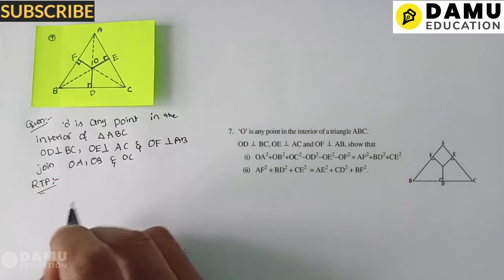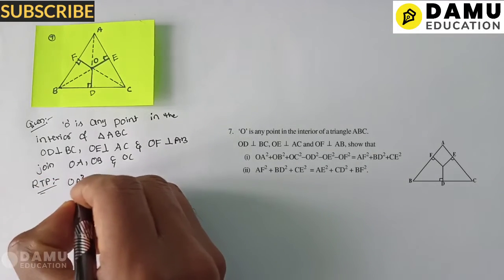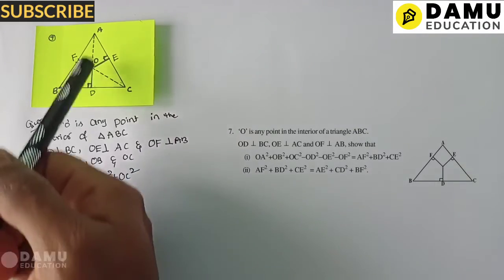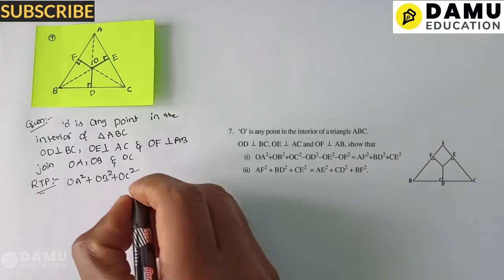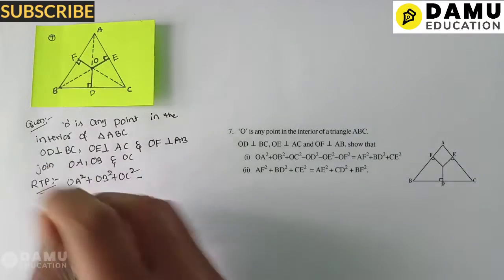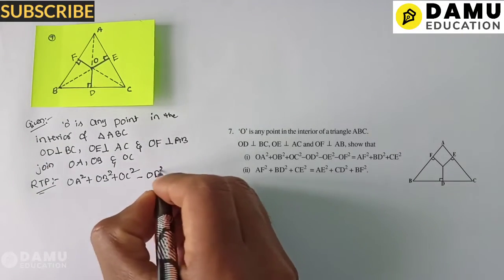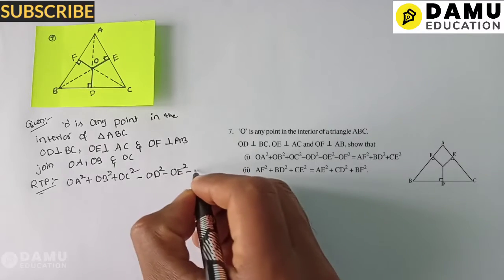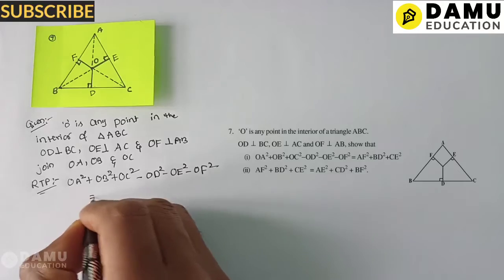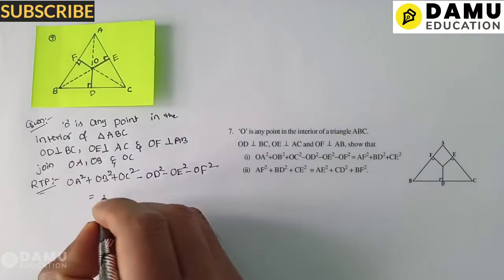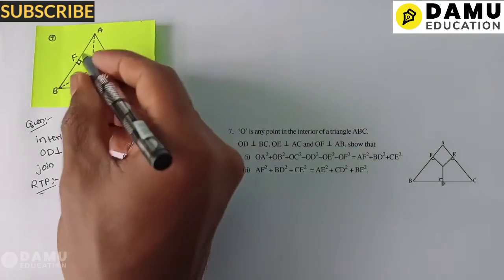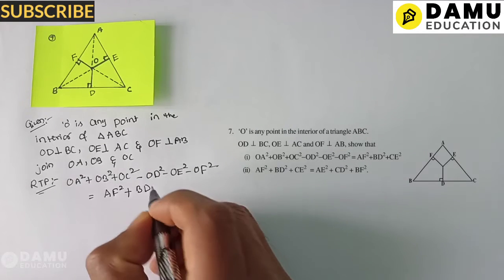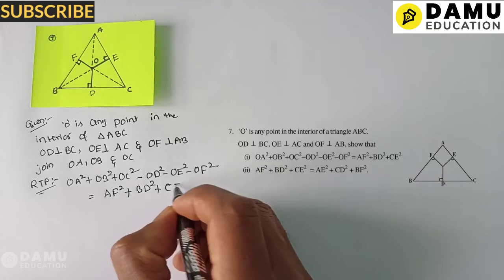So RTP is first of all OA square plus OB square plus OC square, minus, we are subtracting OD square minus OE square minus OF square, will be equal to AF square plus BD square plus CE square.